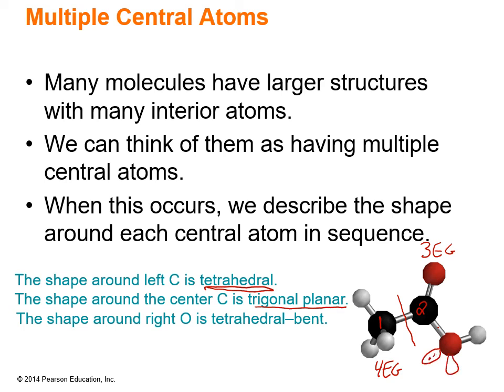Although they're not drawn, it does have 2 lone pairs on that oxygen. So if we think about the electron geometry, it's tetrahedral. But our molecular geometry is bent because we have 2 bonding and 2 lone pairs on that oxygen. So this idea does extend to larger molecules. We just have to look at it a piece at a time.